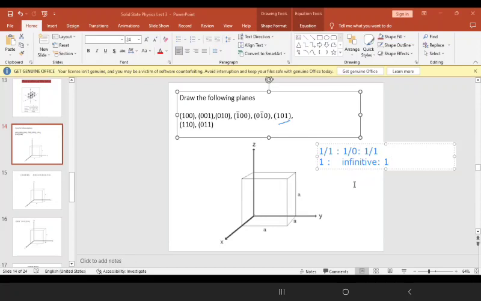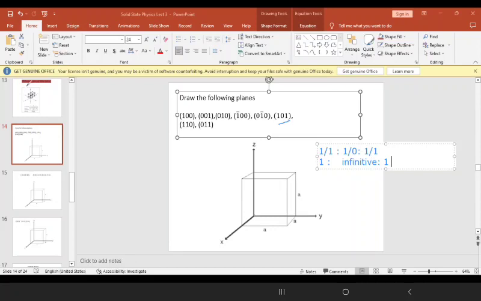So from this information, we can say that the plane cuts a point on the x-axis and a point on the z-axis, and it will not cut at any point on the y-axis because you are getting infinity on the y-axis. So the plane does not cut at any point on the y-axis.